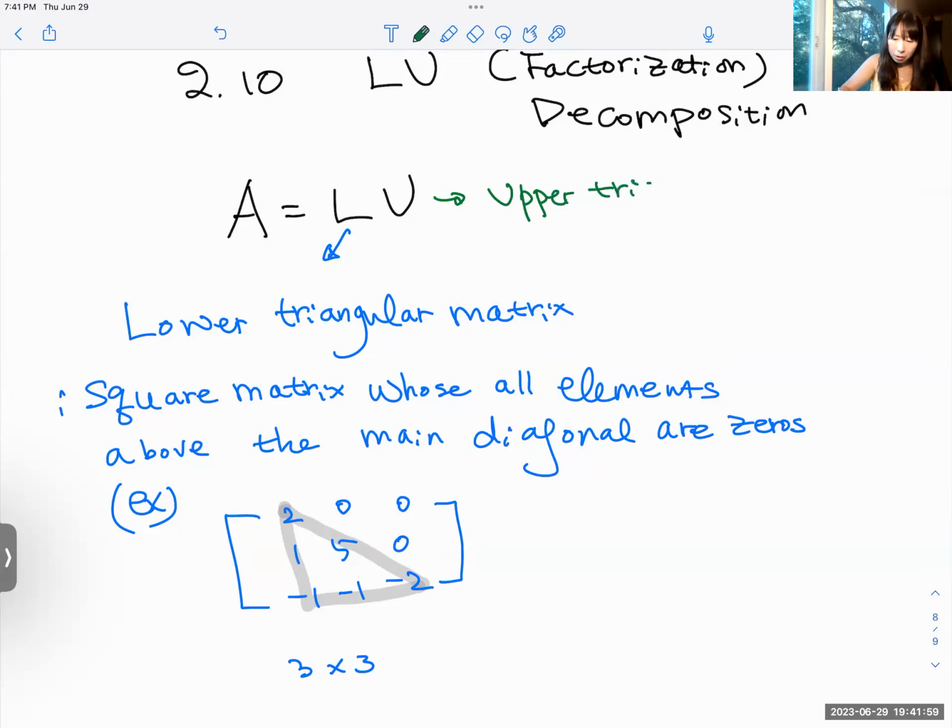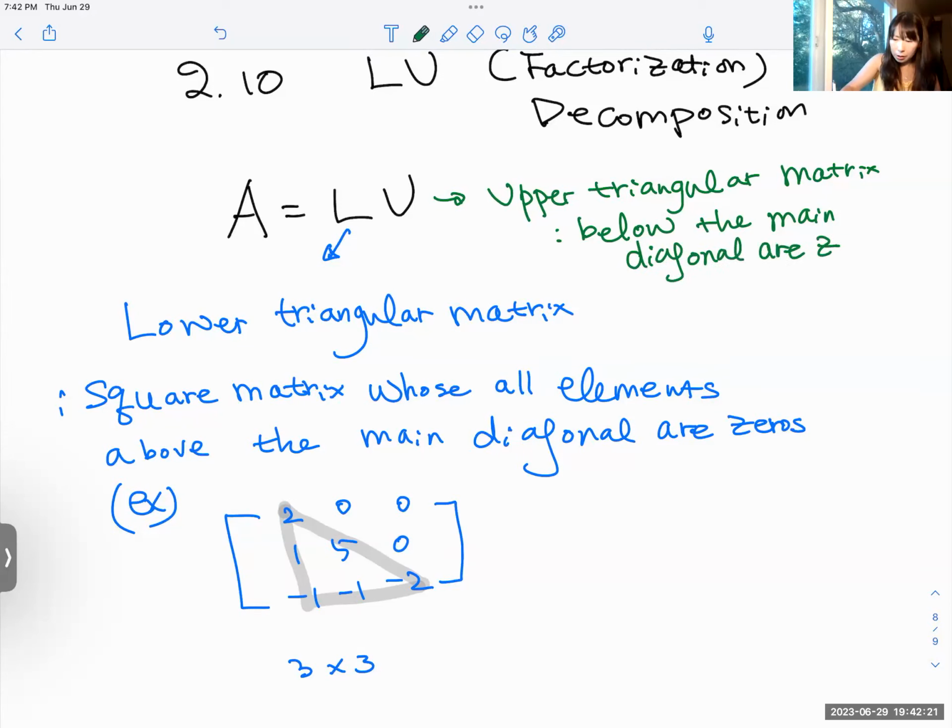Upper triangular matrix. Everything is the same, but instead of above, we say below the main diagonal are zeros. It looks like this, 3 by 3 again: 2, -1, 3, then 5, 2, 2.